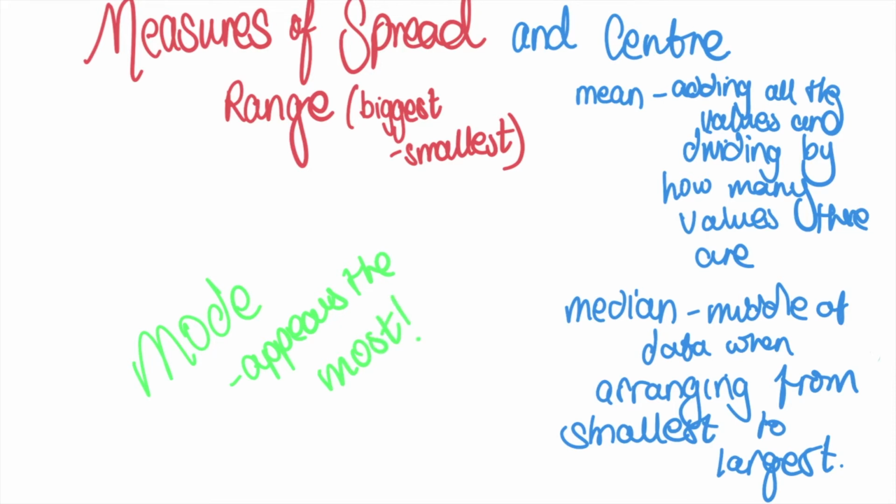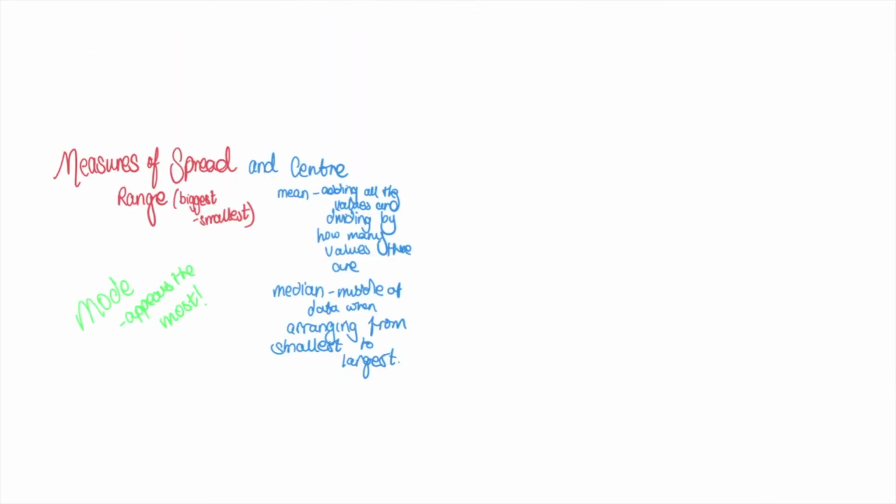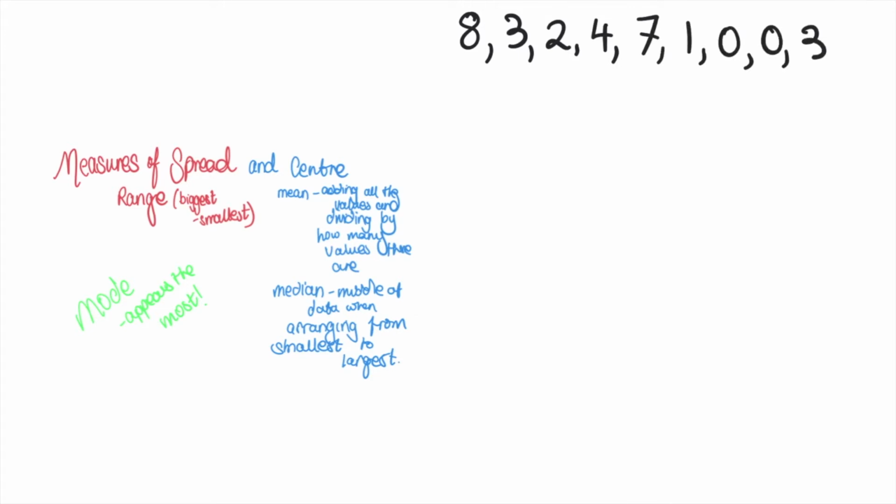So let's put this into action. Let's say we took a survey of 10 people and asked them how many chocolate bars they have eaten this week. And they came up with the following. All right, so let's first of all start by looking at the range, which is going to be the biggest minus the smallest number.